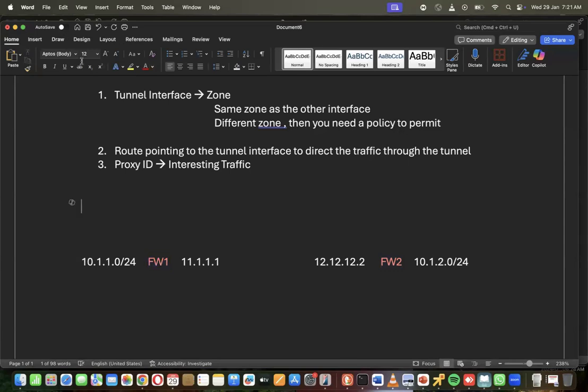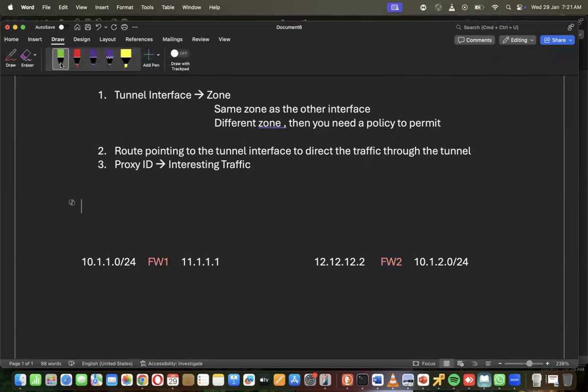Now I have an interface. This one connects to my internal network, and this interface connects to the internet. You're getting my point, right?